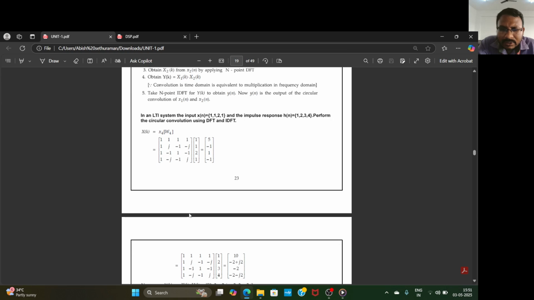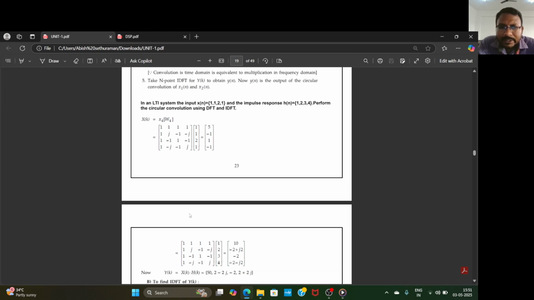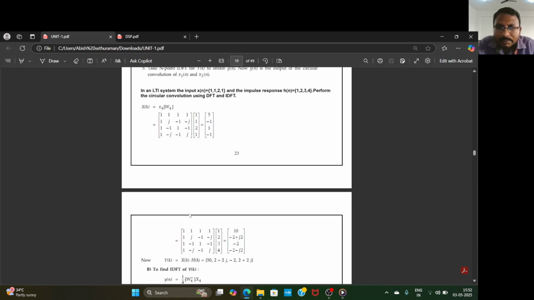So here, using matrix method related problems, you can see that x of n is 1, 1, 2, 1. Then h of n equal to 1, 2, 3, 4. Perform the circular convolution using DFT and IDFT. Here we have used the cyclic property and denoted the matrix W4.